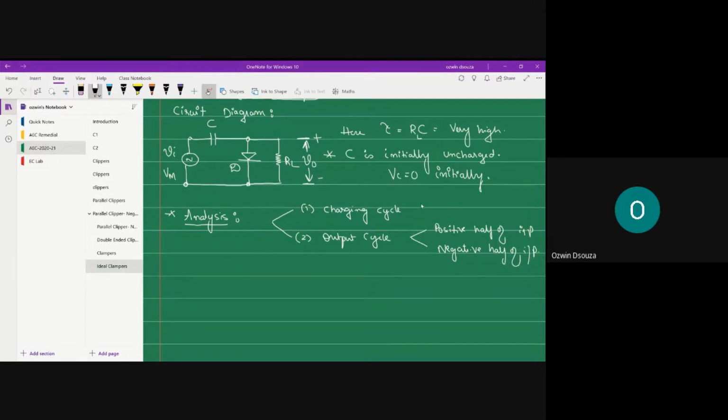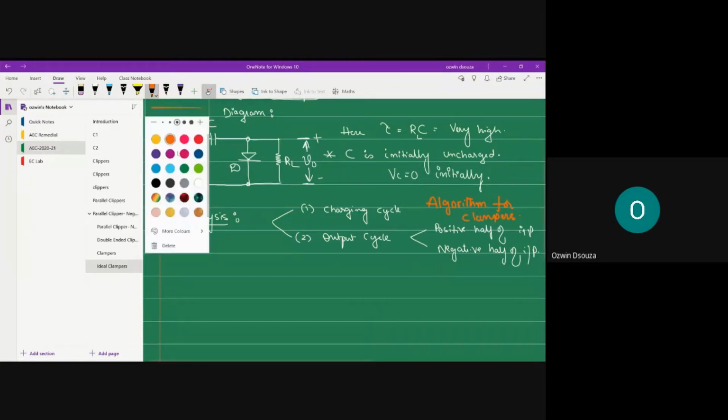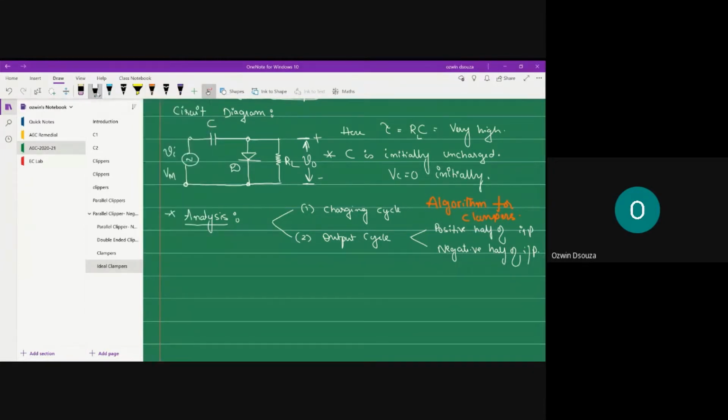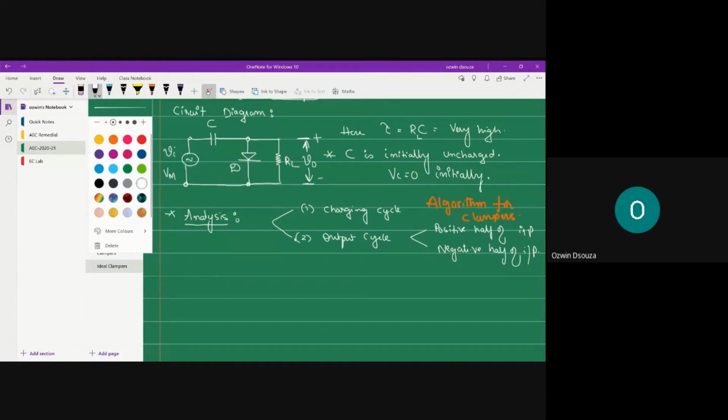So this is what is called the algorithm for clampers. Basically, you can analyze using a three-step approach. First step, find the charge on the capacitor. In the second step, you can find out the output voltage for a positive half cycle of the input and for a negative half cycle of the input.